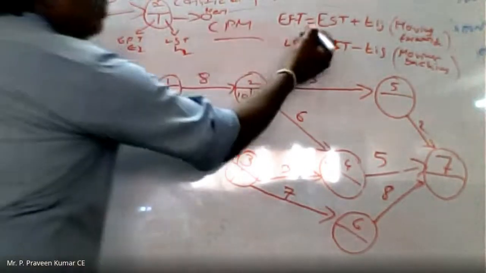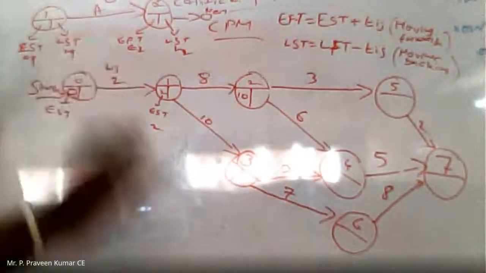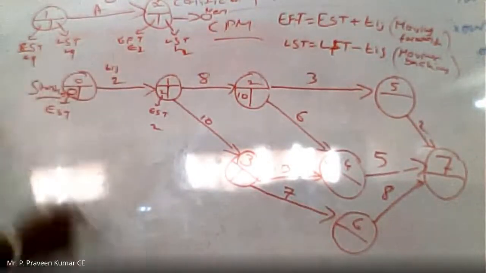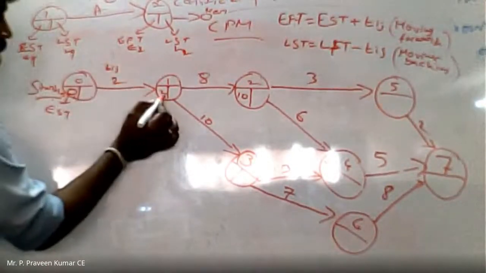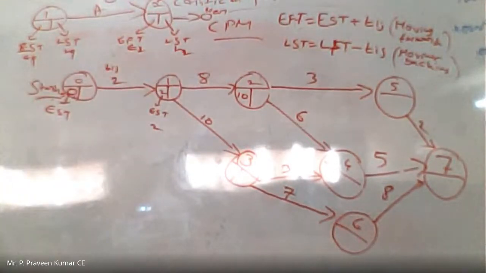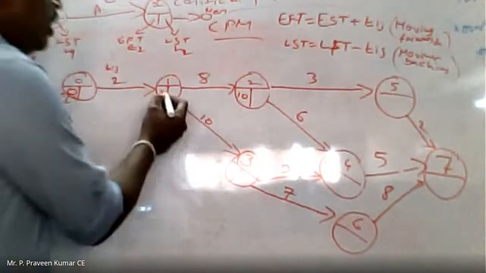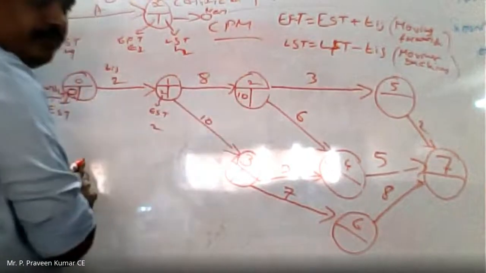By using this formula: EST plus TIJ, earliest starting time plus duration of the activity. That is 0 plus 2. Okay, sir. Now, when we go to the next activity, 2 plus 8 equal to 10.